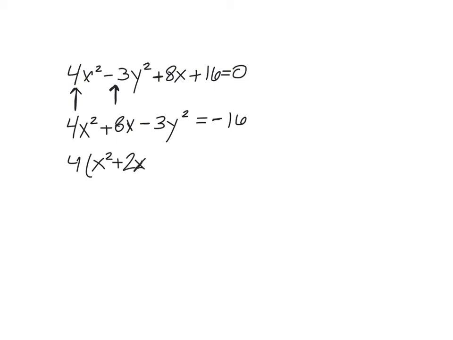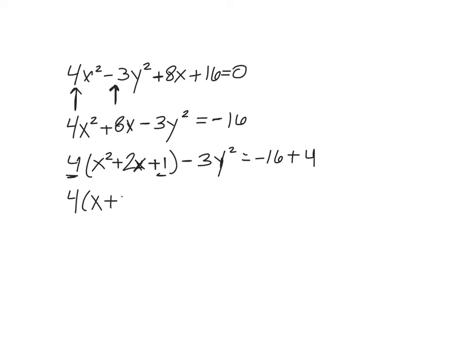If we complete the square, we'd be adding 1 here. Now 3y squared, there's no other y term, so we're going to leave that alone. Got negative 16 here, but we added a 1 times 4, so we've got to add a 4 to the right side.